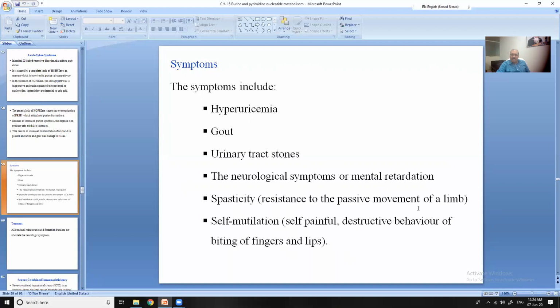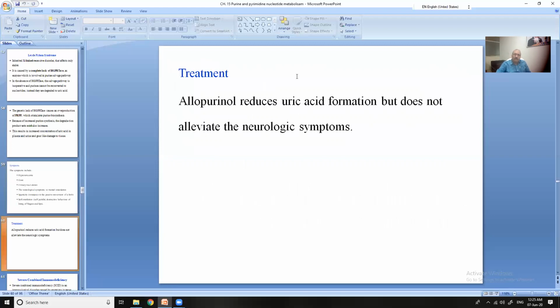Okay, so these are all the symptoms. Allopurinol reduces uric acid formation, but does not alleviate the neurological symptoms.